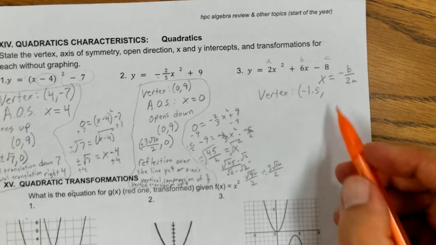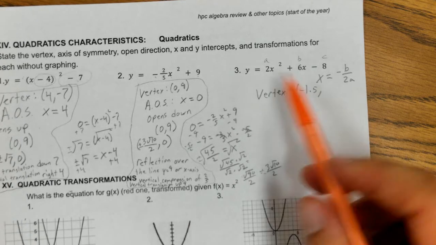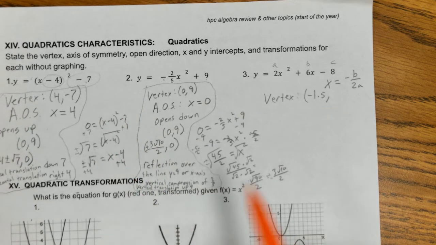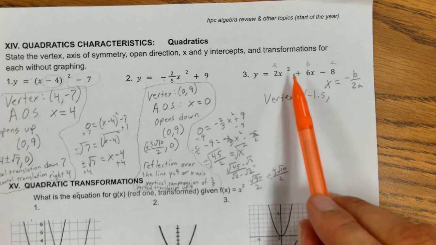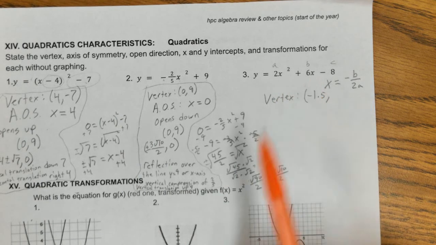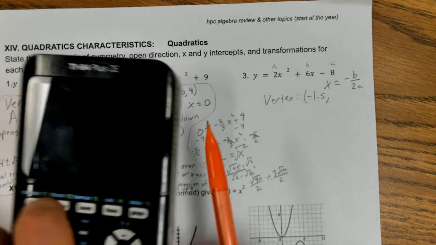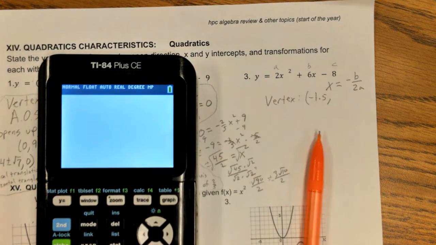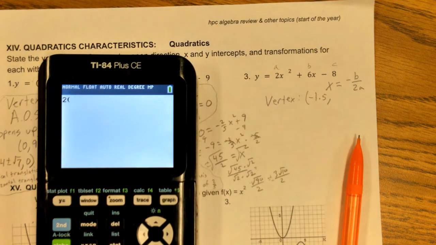And then to figure out the y-coordinate, because again we're trying to do this without graphing, what we could do is substitute in that negative 1.5 in for x. So I'm going to get my calculator out here, and I can just do 2 and then negative 1.5 squared. Type it in exactly like you see it.